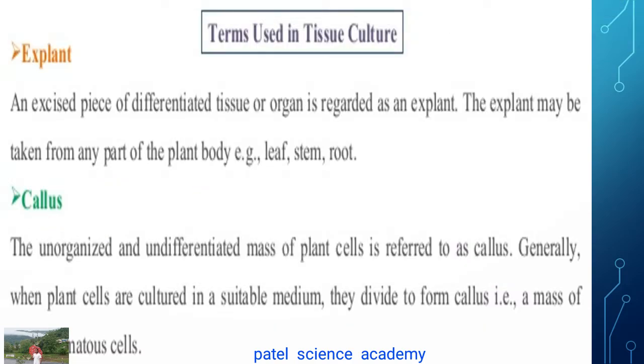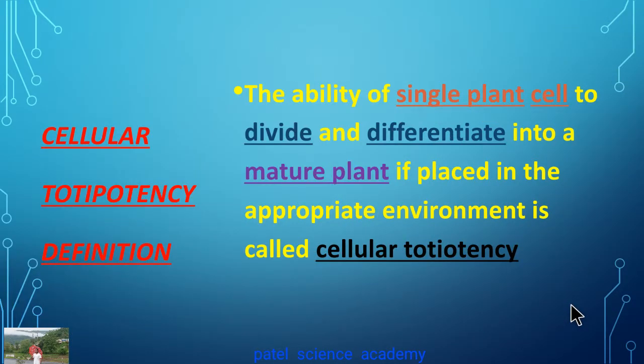Explant means the part you have collected from the mother plant, that may be leaf, stem or roots, cells, organ or tissue, and callus means the unorganized or undifferentiated mass of plant cells. Now we'll go to the next slides, and in the next slides we'll see one more term, called cellular totipotency.